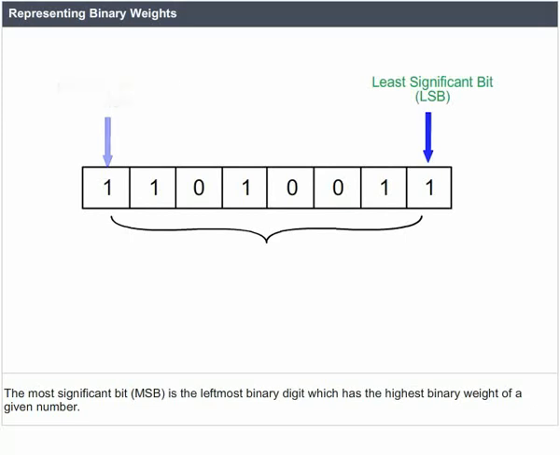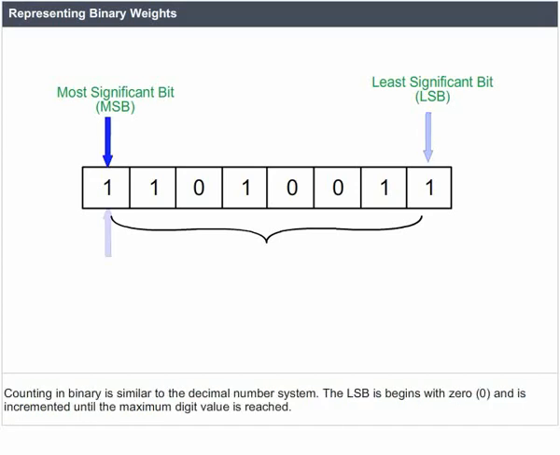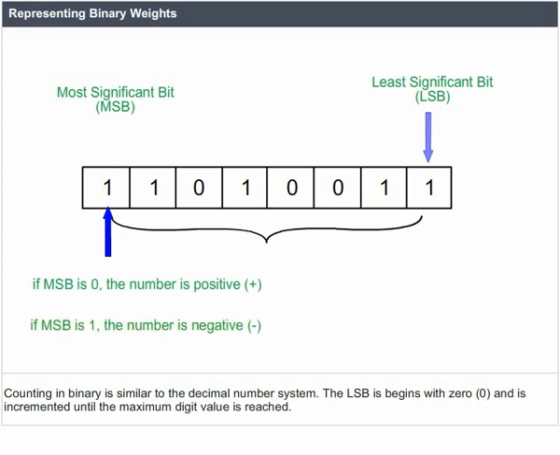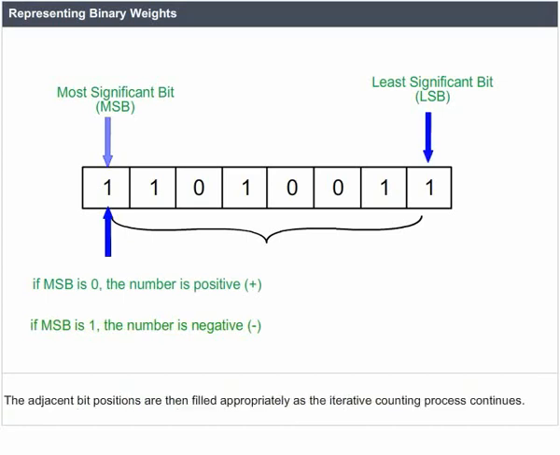The most significant bit, MSB, is the leftmost binary digit, which has the highest binary weight of a given number. Counting in binary is similar to the decimal number system. The LSB begins with 0 and is incremented until the maximum digit value is reached. The adjacent bit positions are then filled appropriately as the iterative counting process continues.